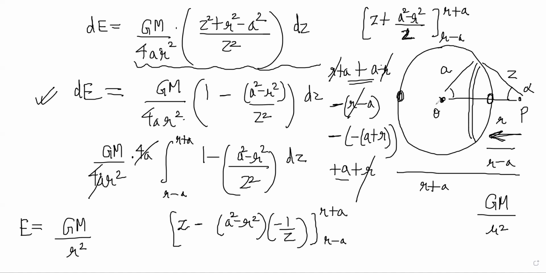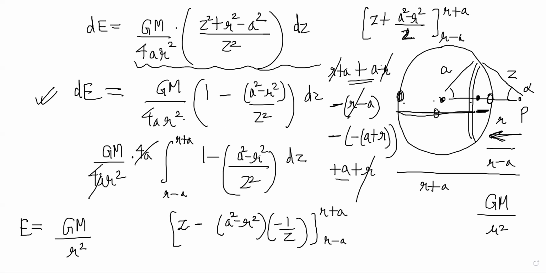If you do the same case for a point inside the shell, you have to only change the limits of integration. This distance is a minus r, and this distance is a plus r.